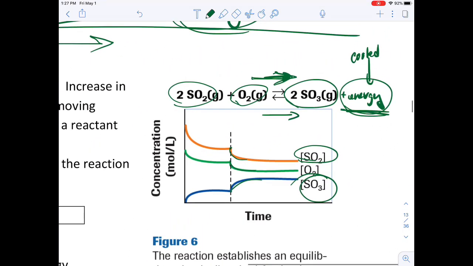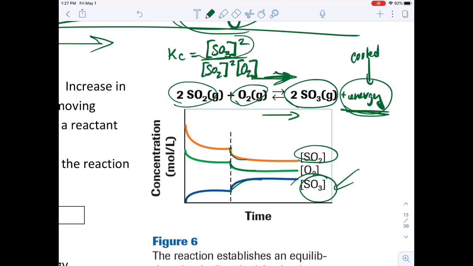Now, let's talk about the Kc here. If I were to write the equilibrium constant expression for this, it's sulfur trioxide squared over sulfur dioxide squared times oxygen raised to the power of 1. If I am increasing the sulfur trioxide and reducing sulfur dioxide and oxygen, is my Kc going to go up or down?